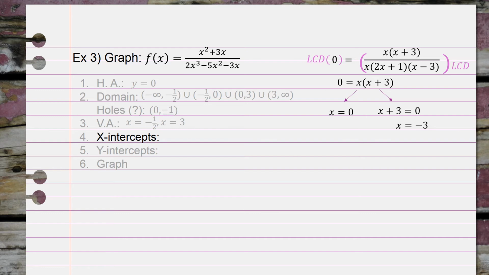So it appears we have two solutions, but you have to check. Are both of these numbers in the domain? No, it turns out 0 is not in the domain, so we cannot include it, but -3 is okay. So we have to write this as an x-intercept, which is a point, which means it will be (-3, 0).